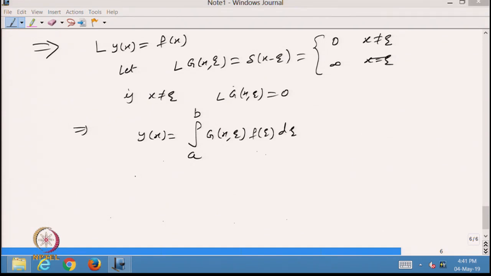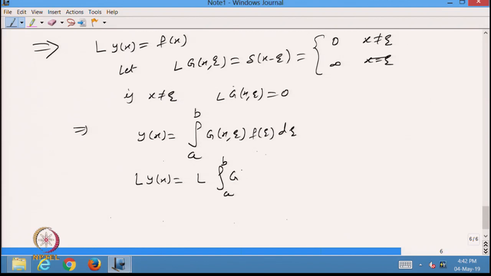So let us see what will happen here. I operate this with L. So L of y(x) is L operating on this integral. I can take this operator inside with the help of the Leibniz theorem. So this will be the integral of L of g(x, xi) f(xi) d xi, because a and b are constants, so the other term will be 0.